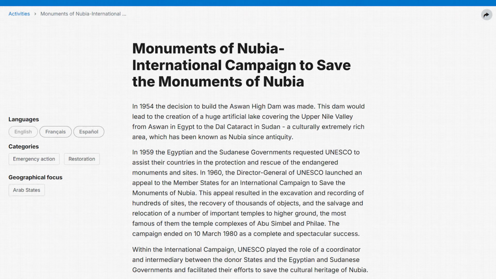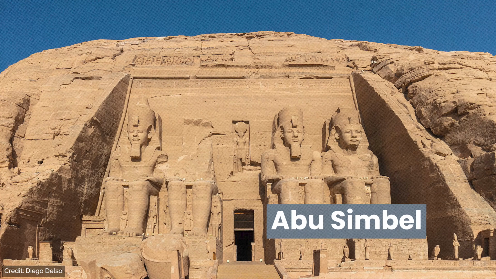The international appeal by UNESCO resulted in the excavation and recording of hundreds of sites, the recovery of thousands of objects, and the salvage and relocation of a number of important temples to higher ground. The most famous of them, the temple complexes of Abu Simbel and Philae.